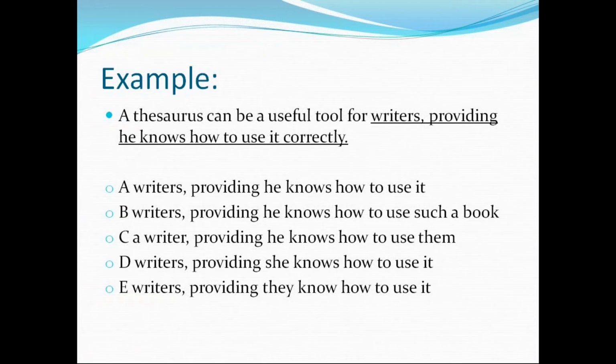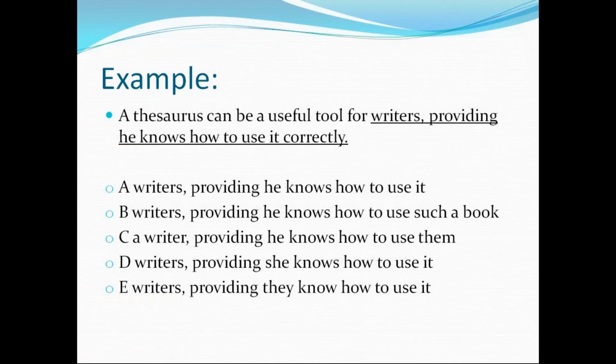I think we can eliminate C. A writer providing... Okay, so hang on. Thesaurus can be useful to writers. For a writer, providing he knows how. Providing... Do you mean, so when you say eliminate C, do you mean that's the choice that you want?